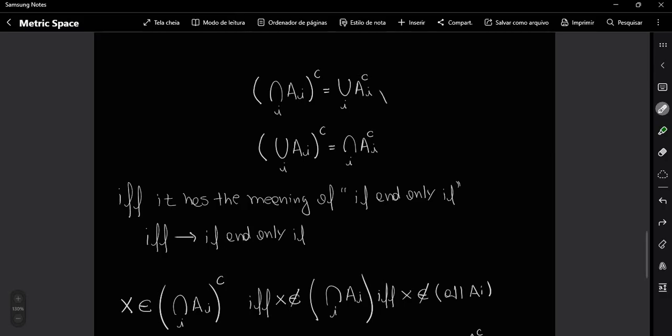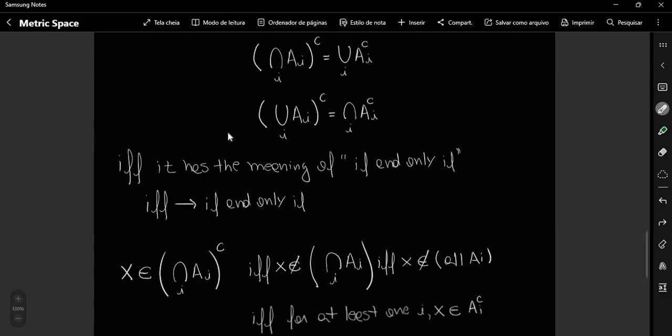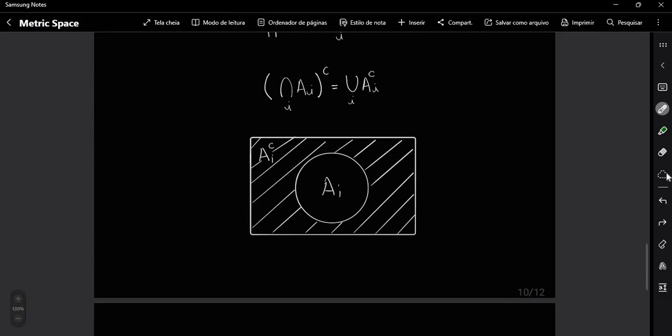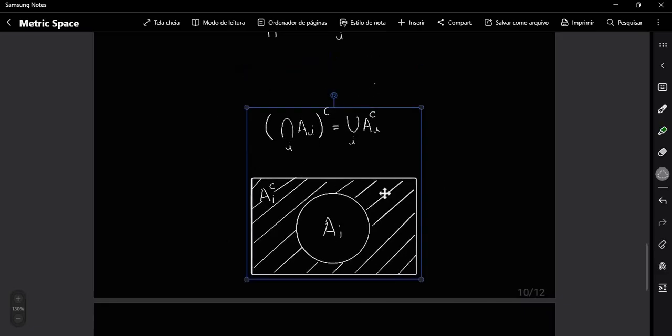And this is the notation that we use to represent a large number of sets. Okay, so this was the problem 1 of this section.